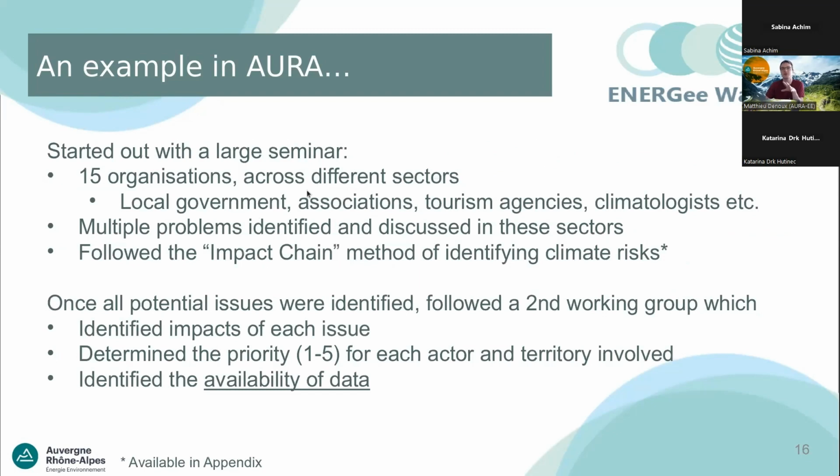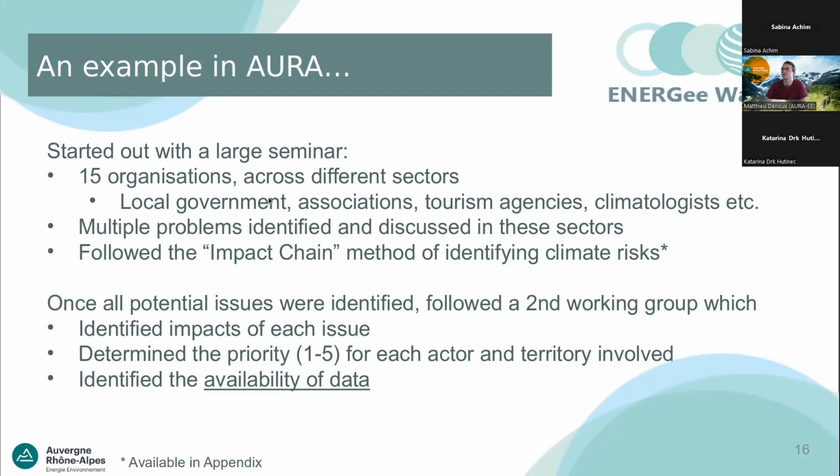First we started with a very large seminar. We gathered everyone in the region. We had about 15 organizations: local governments, local associations, tourism agencies. We also had some climatologists from various meteorological stations.